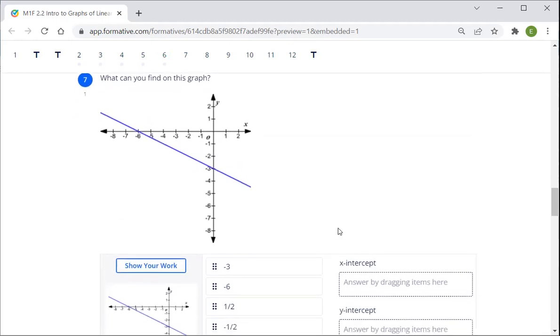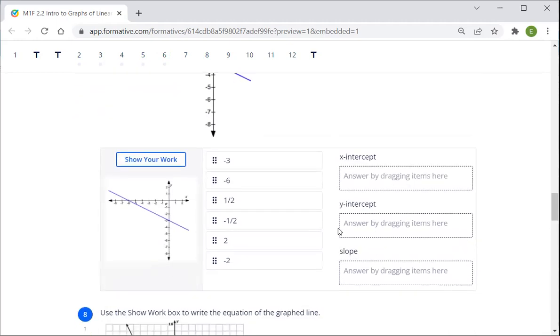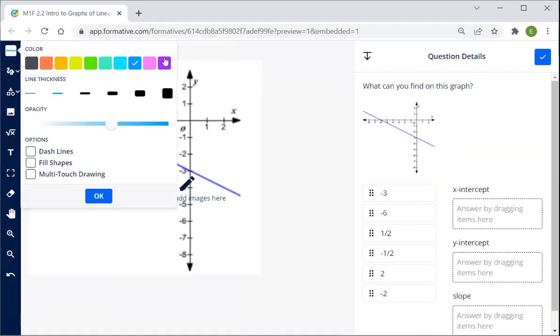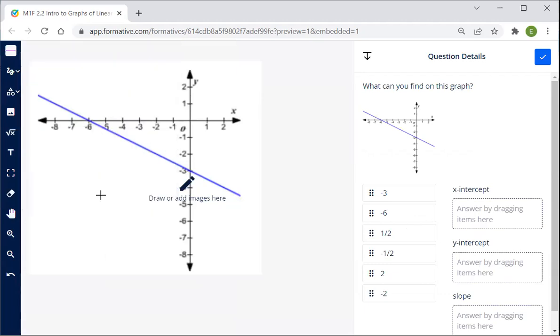Next one, it says, what can you find on this graph? So we want to find the x-intercept, the y-intercept, and the slope. Let's start out with the intercepts. We can see here we have -6 and 3. Got to think about which axis it is going through.